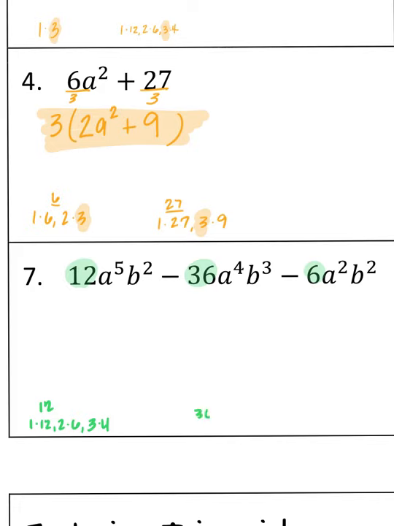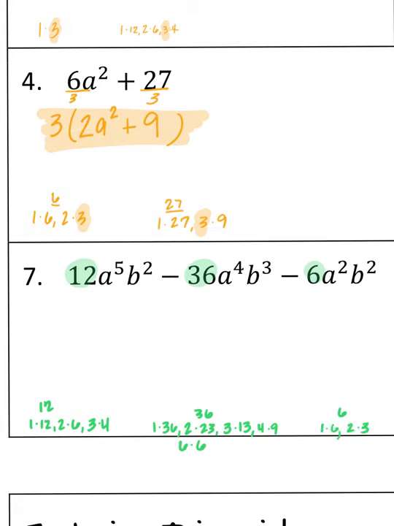Then I have 36. The factors of 36 would be 1 and 36, 2 times 18, 3 times 12, 4 times 9, 5 doesn't go, but 6 times 6. And then the factors of 6 would be 1 and 6 and 2 and 3.